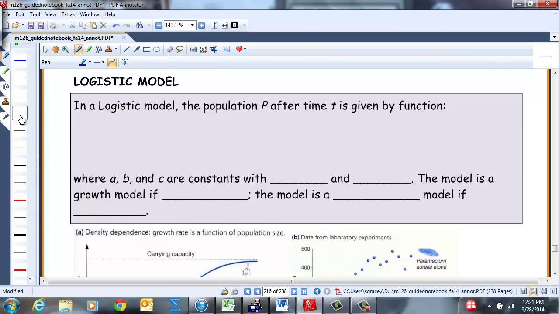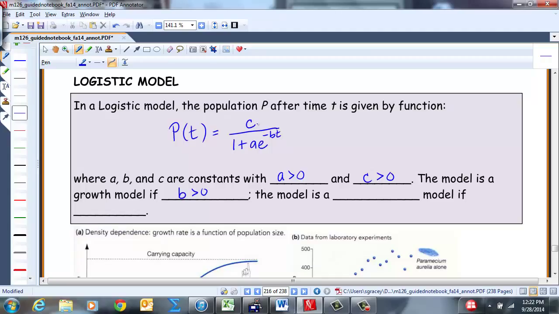So the general form of the logistic model is P at t, population at time t, equals C, which is the carrying capacity, divided by the quantity 1 plus A times e to the negative bt. So A, B, and C are constants with A greater than 0 and C greater than 0. The model is a growth model if B is greater than 0, because see, there's a negative in the formula.